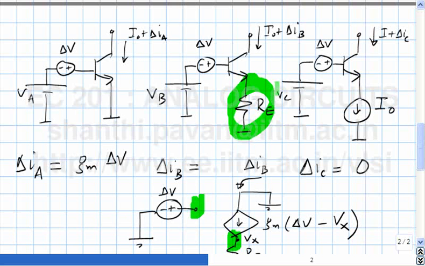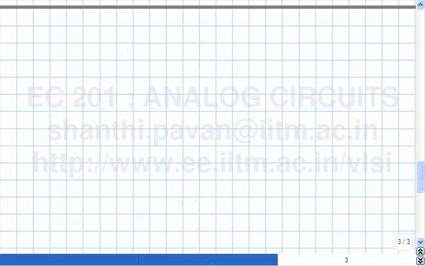So GM RE is much larger than 1. So if this potential changes by delta V, the change in the current can be expected to be approximately 1/40th of what it would be if the RE wasn't there. This is exactly analogous to what we did in the MOS case.